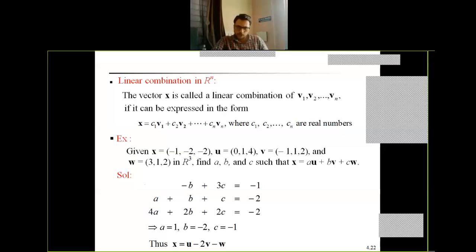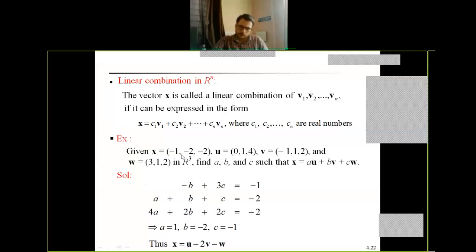So 0 times a will be 0. Then for vector v, minus 1 is there, so minus b. Plus 3c, since 3 is the first element in w, is equal to minus 1.